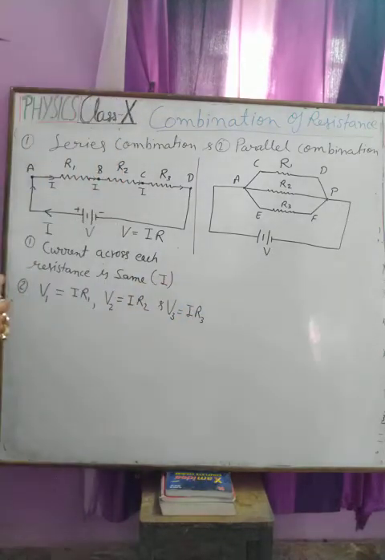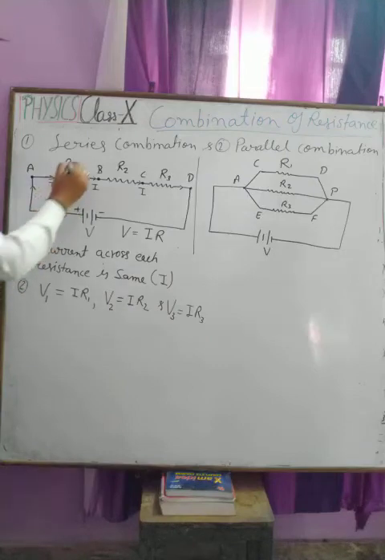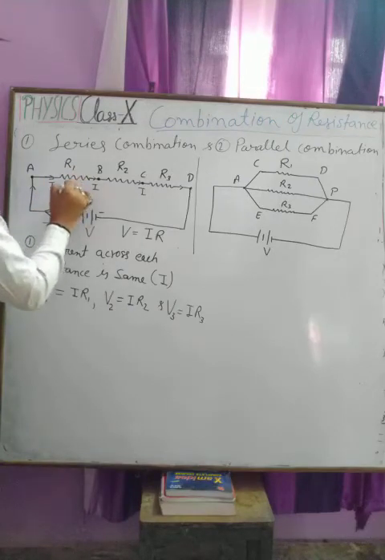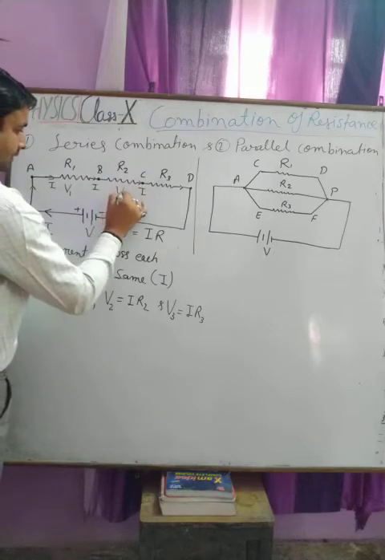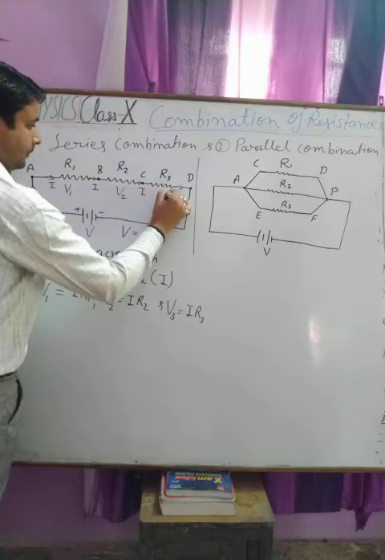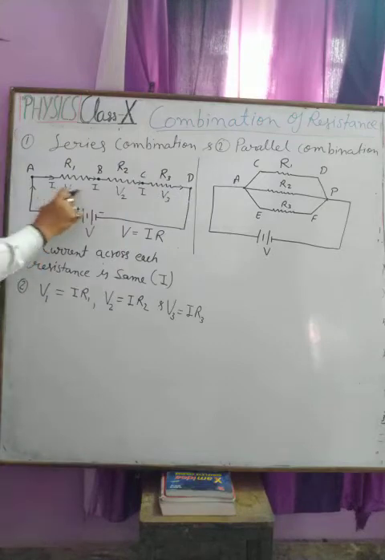Is it clear? That is, at every resistor the value of voltage is different: V1 across R1, V2 across R2 and V3 across R3.